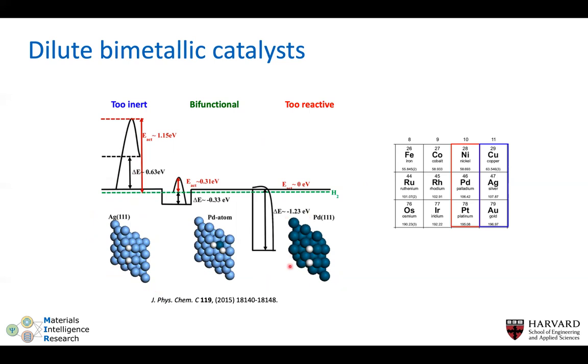Palladium, on the other hand, is very reactive because the dissociation is barrierless and also very exothermic. It tends to be too reactive often because it leads to overhydrogenation and other unwanted side reactions.